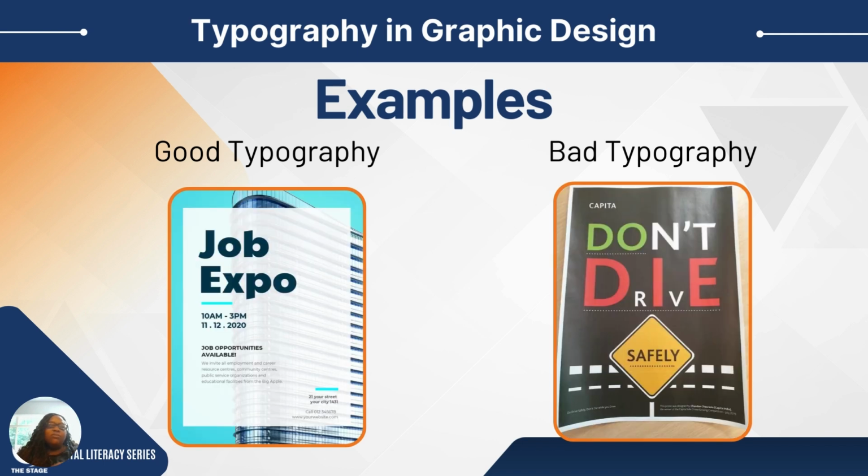Let's go to the next one. So on the left, we have a flyer for a job expo. How do I know it's a job expo? Number one, they chose a font that is sans serif, so that means it has no decorative tails. It is big block letters. It has a heavy weight on it, so I know that's the heading. It is a job expo. Then I have some subheading information.